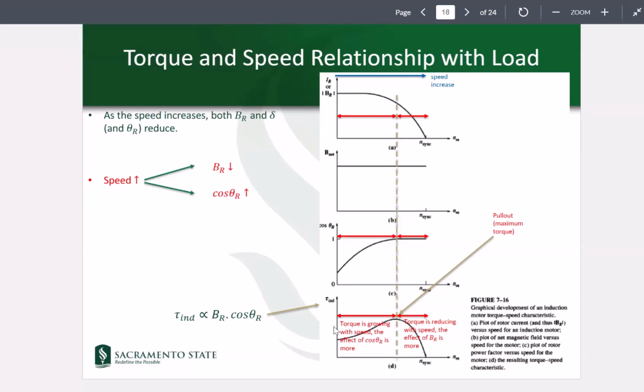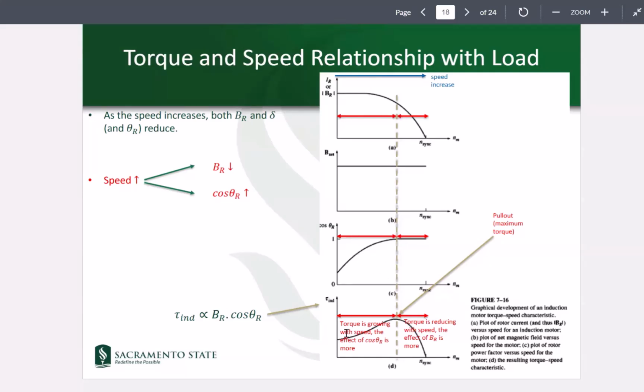Now, we said this tau induced is the product of all these three elements. And B net is the one that is pretty much constant, doesn't change. So one of these, BR, is reducing as we increase the speed. The other is increasing as we increase the speed. So this tells us that when the torque is growing in this first half part, the cosine of theta R would be the determining factor with respect to this BR.